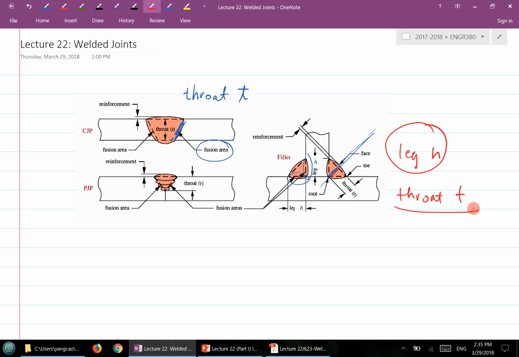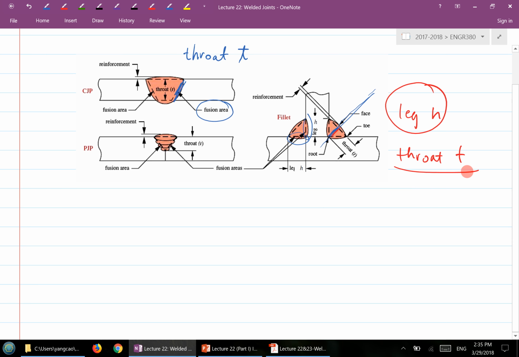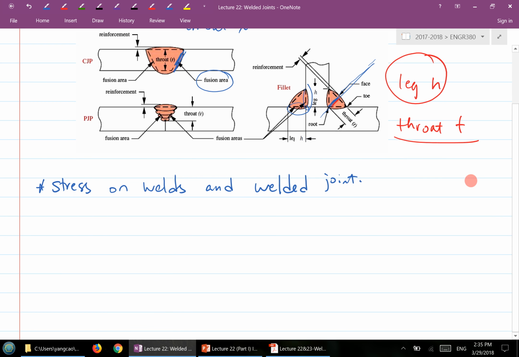So let's look at the stress on the weld or welded joints. I'm going to start with the simple one here, and then we'll look at the fillet weld, the T-joint, the stress within a fillet weld.